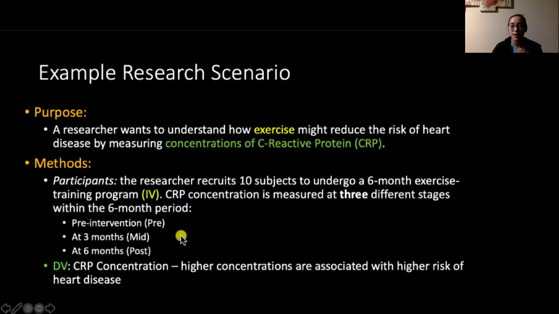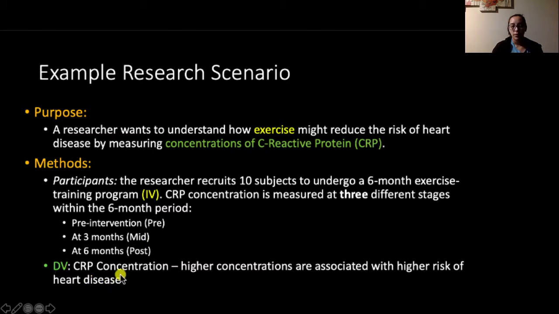These are now the levels at which we are tracking progress with the exercise training program, assuming that the pre-intervention measurement has 0 exercise, the 3-month measurement is with 3 months of exercise, and then the 6-month measurement with more exercise. So each one is a level of increased exercise, but they represent the different time points that we are collecting CRP concentration for individuals.